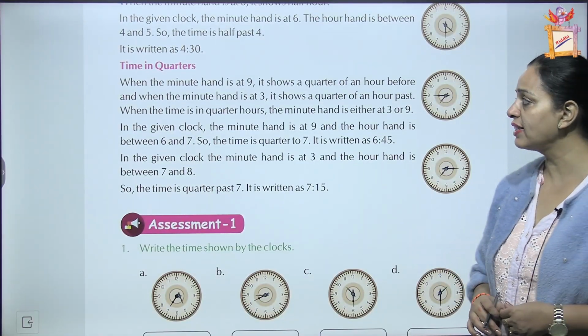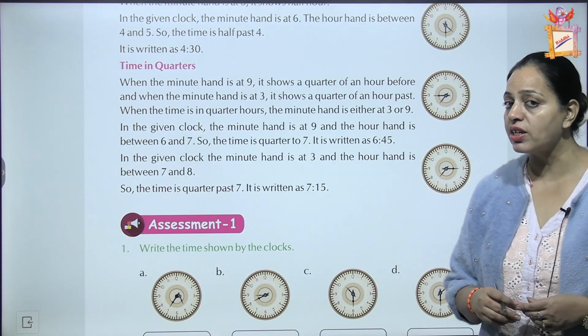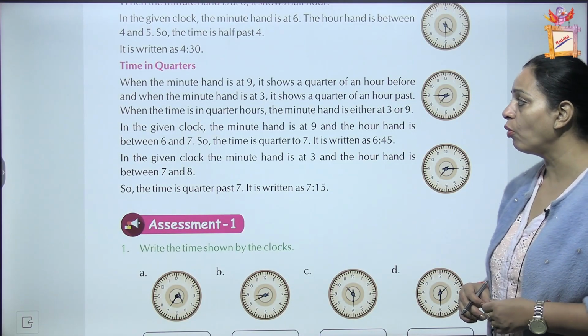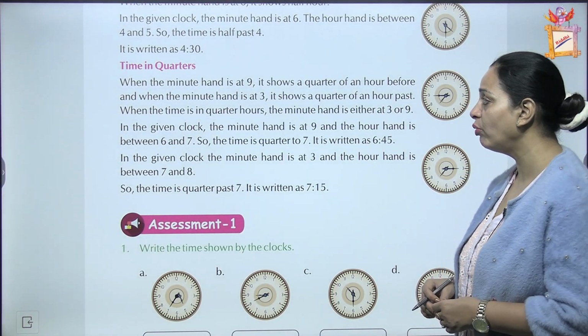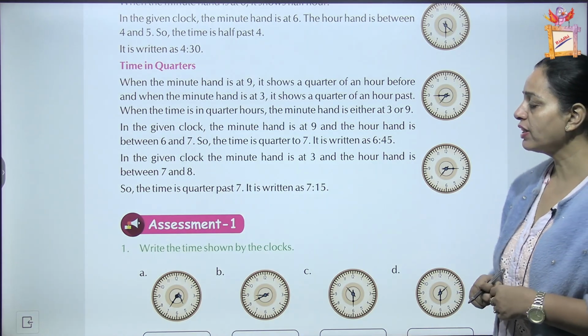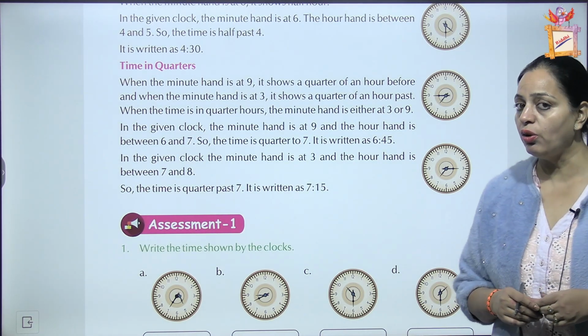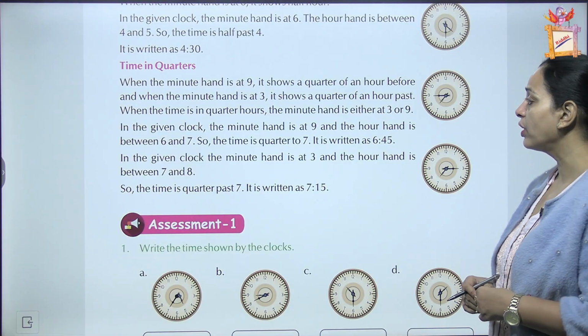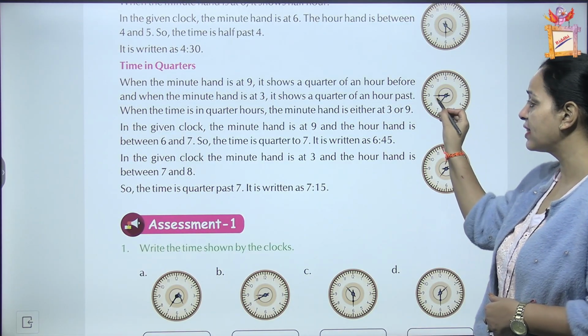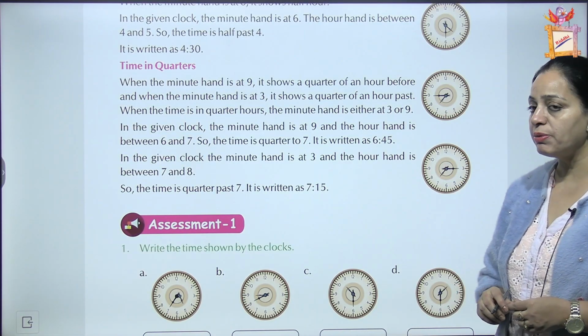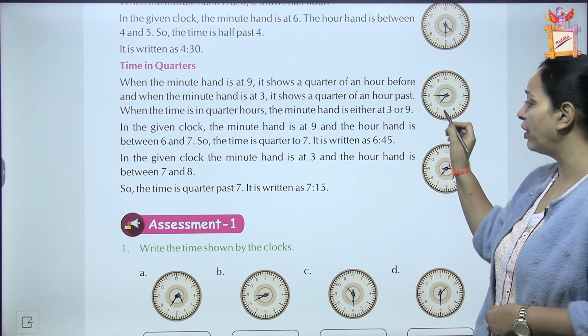Now time in quarters. When the minute hand is at 9, it shows a quarter of an hour before, and when the minute hand is at 3, it shows a quarter past. So when the time is in quarter hours, the minute hand is either at 3 or 9. In the given clock, the minute hand is at 9 and the hour hand is between 6 and 7.